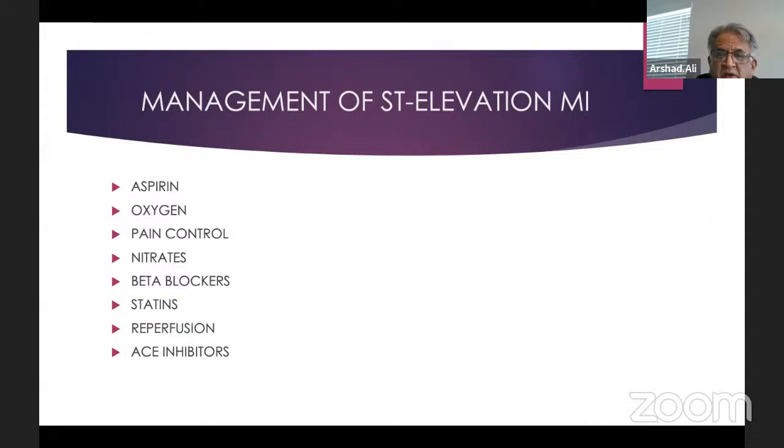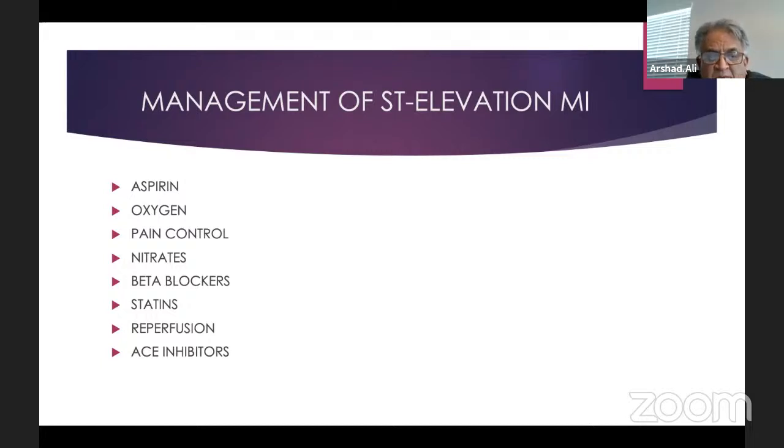So management of ST elevation MI is the one I'm going to touch on briefly. One of the most important things we discovered is that aspirin is actually a life-saving drug for people who are starting to have ST elevation MI or any type of MI, but particularly ST elevation MI.